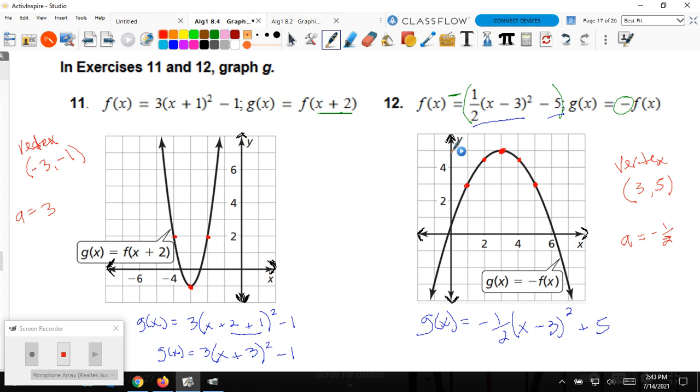Half of 9 is 4 and a half. So 1, 2, 3, 4, and then halfway would put us right there. So I go 3 this way, down 1, 2, 3, 4, and then half again, puts us right there. You can see how that A pattern just continues to work as you go each number from that vertex back and forth.